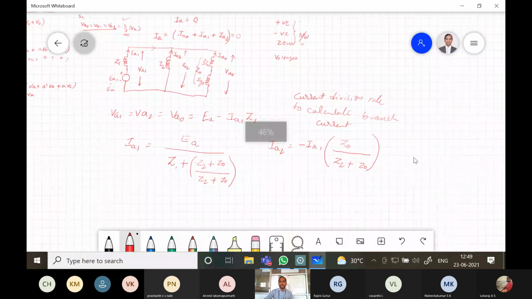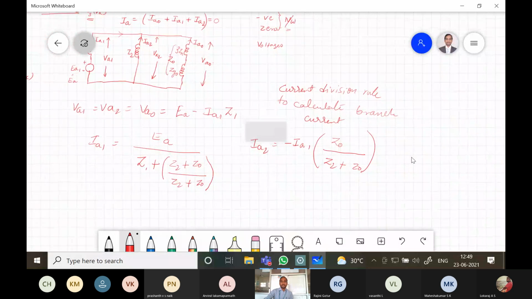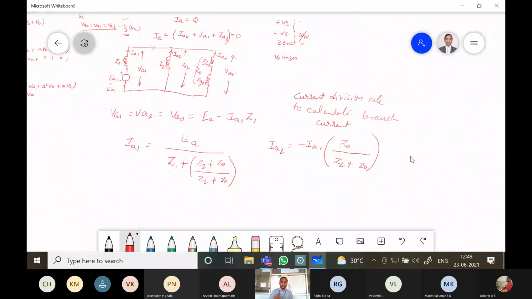So the current division rule to calculate the branch current, right? Therefore IA2 is equal to minus IA1 into Z0, the opposite impedance, divided by the sum of total impedance Z2 plus Z0. Similarly, calculate the branch current IA0. IA0 is equal to, for this also the main current is IA1. So therefore minus IA1 because it is opposite in direction.